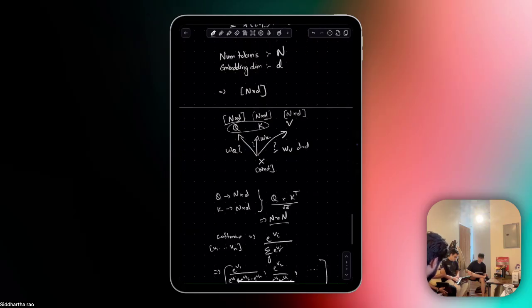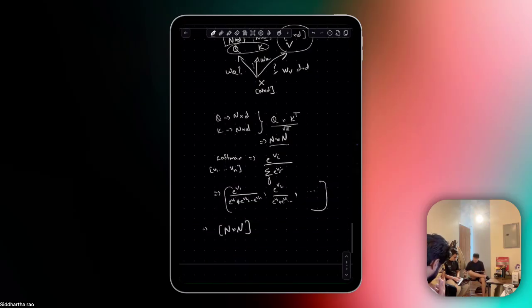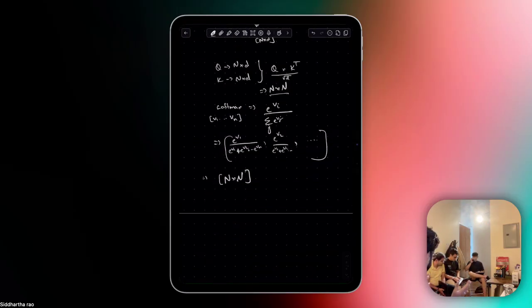Now we have our value matrix, which we haven't used yet, but that is what we treat as the true values. When I said attention is computing the weighted sum of the true values of the words, this is what I mean. QK transpose gives the n by n score matrix, and the true values are captured by the n by d matrix, so you can matrix multiply these.